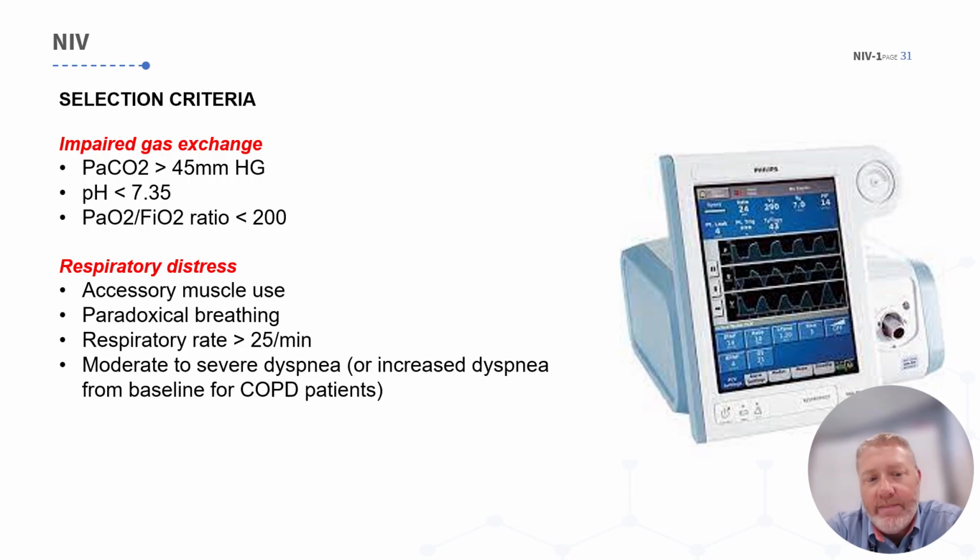But if they're acidotic, think BiPAP, think NIV. As far as assessment goes, if they're using accessory muscles, if they're paradoxically breathing, if they're tachypneic with a rate greater than 25, if they've got moderate to severe dyspnea or shortness of breath beyond baseline for those patients who are chronic, then think non-invasive ventilation.